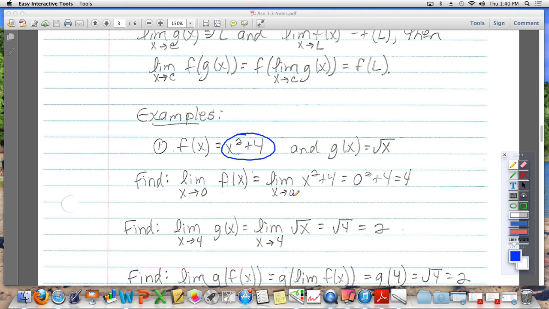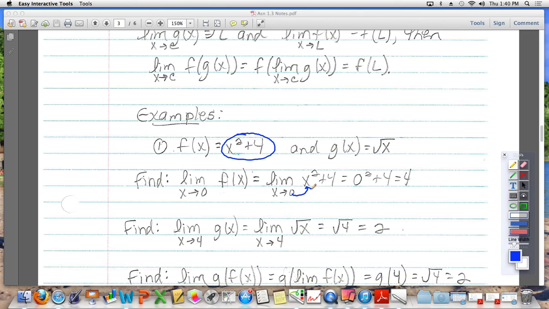So you'd take this 0 and plug it in for x. So you would do 0 squared plus 4, which is 4. So the limit of x squared plus 4, as x gets closer to 0, gives you an answer of 4. Not a big deal.